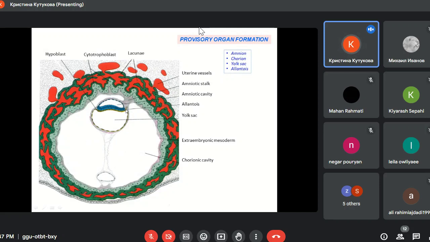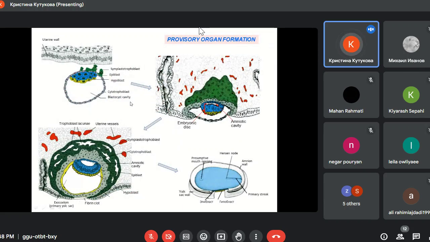Also, this yolk sac has a very small protrusion, which is called the allantois, number 3, and all this large bubble is called the chorion. Chorion, a part of which will make the placenta. So the baby is here, all other organs are temporary for development inside the uterus. So how are they formed?